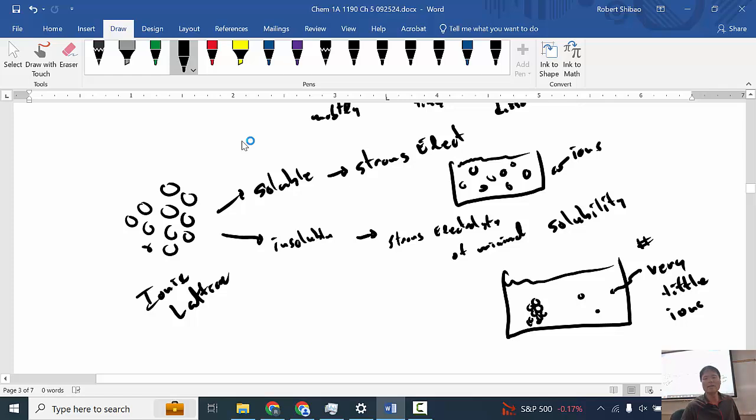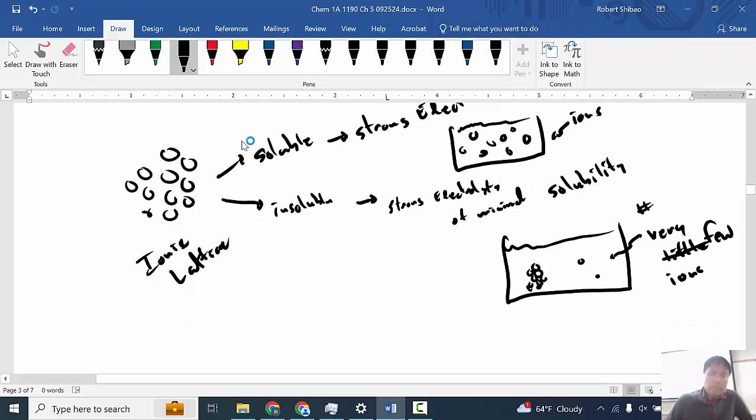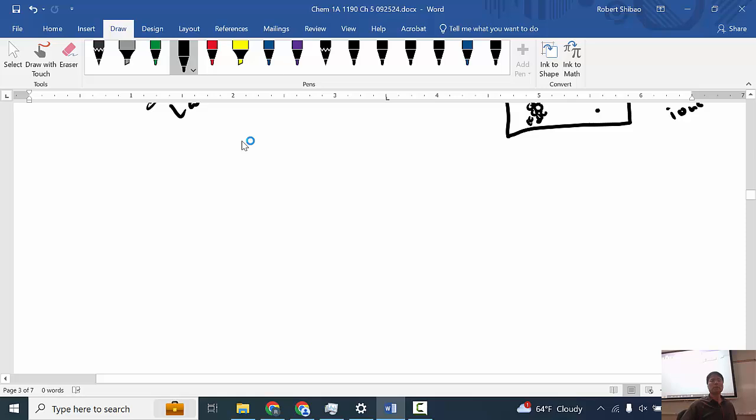If we have an ionic lattice that's insoluble, that doesn't mean it's 100% insoluble. It just means not that much dissolves. But what does dissolve ionizes completely. And so now we have 2 ways to define strong electrolytes and weak electrolytes.